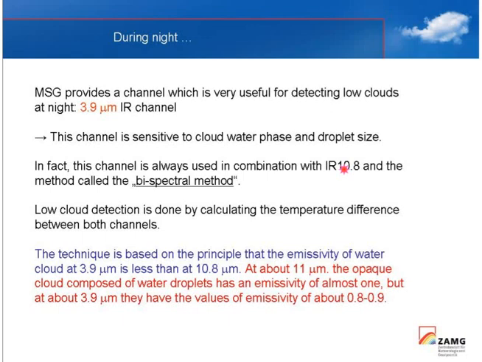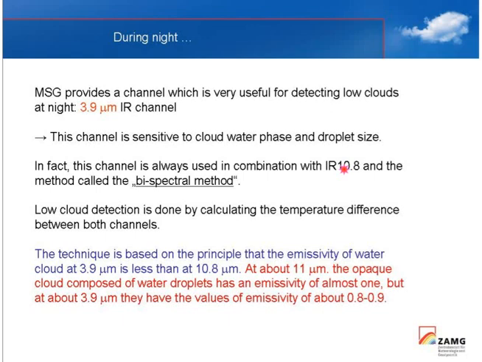Both channels give an output of temperature, the radiation is transformed to temperature, and you can calculate the temperature difference, and by having the correct scale and numbers, you can depict low clouds.